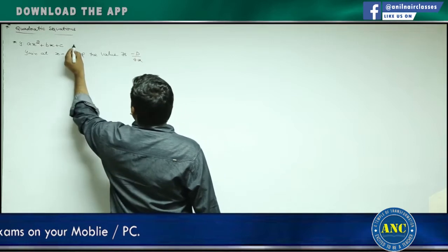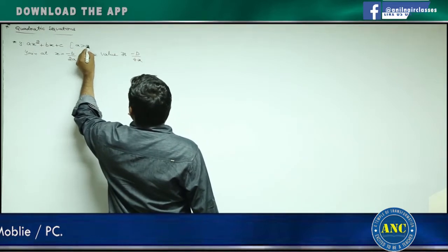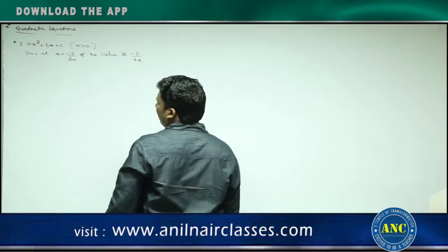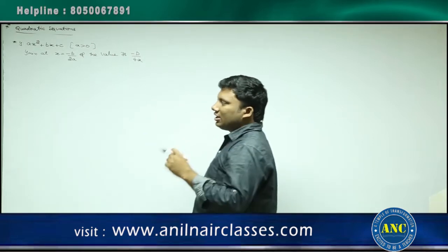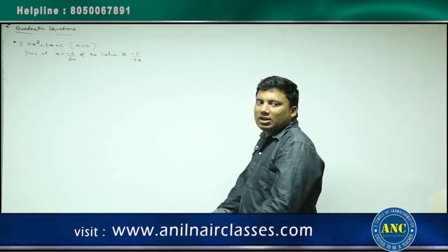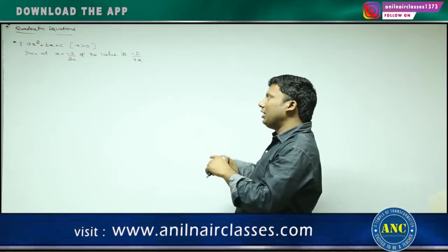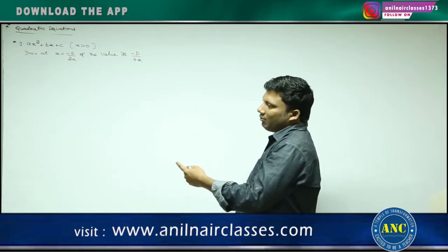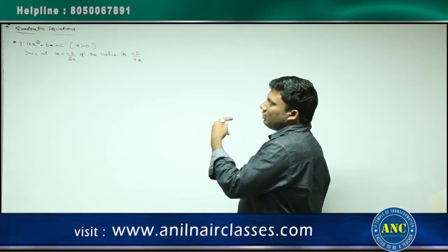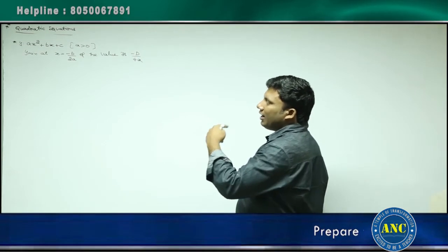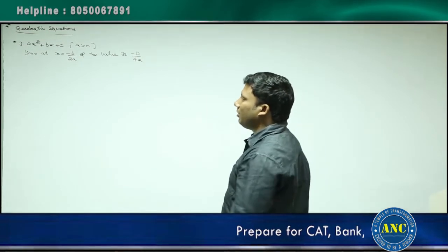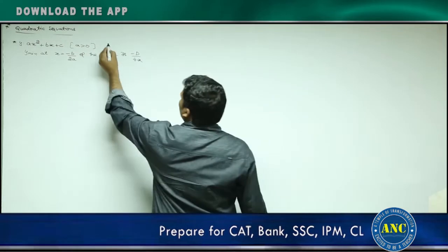It will have a minimum value when a is greater than 0. I will prove it right now. Already we discussed that if a is greater than 0, the graph is an upward graph. It will have a minimum value at a particular value of x. That particular value is minus b by 2a, and the minimum value is minus D by 4a.